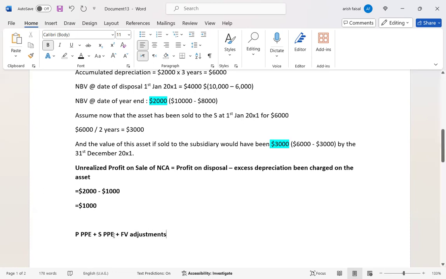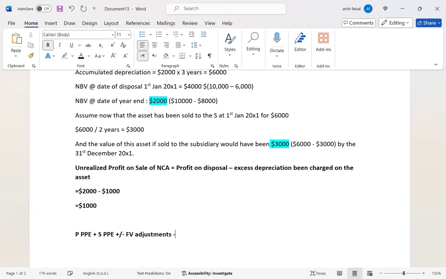This can also be negative, in case there has been a reduction from the carrying value to the fair value, right? But normally, what we have seen in past papers is that the fair value is more than the carrying value. So if that's the case, you add, but in case the fair value has reduced from the carrying value, then you have to subtract.